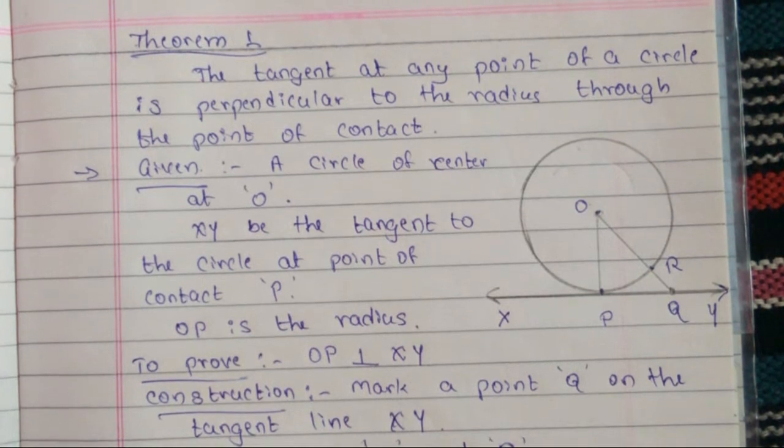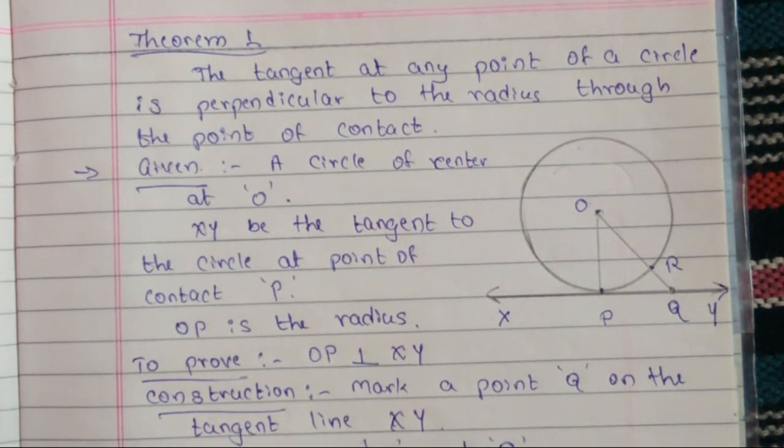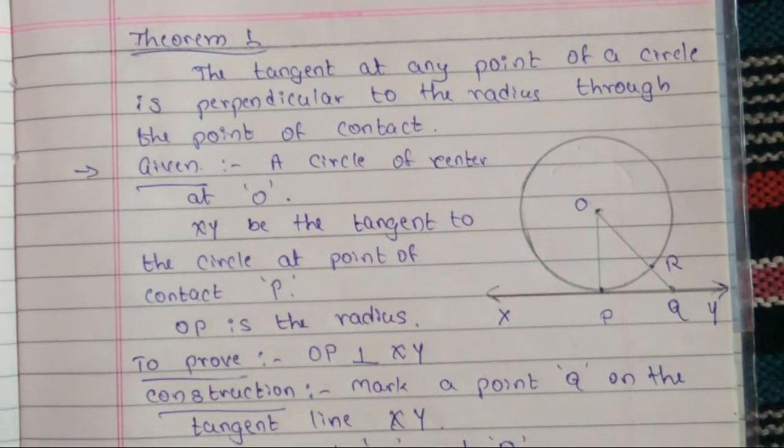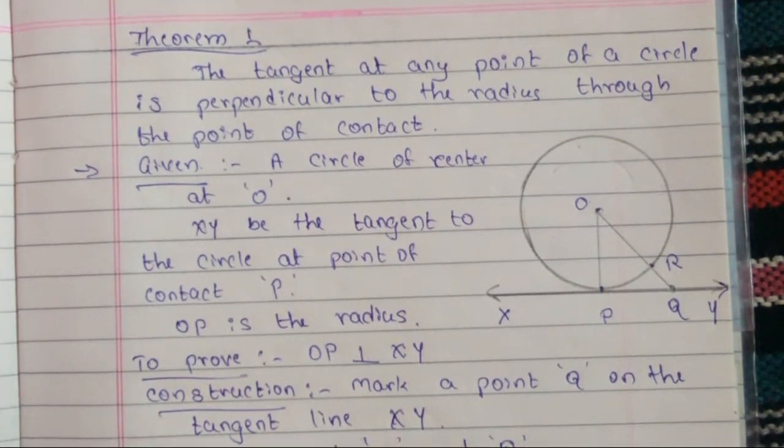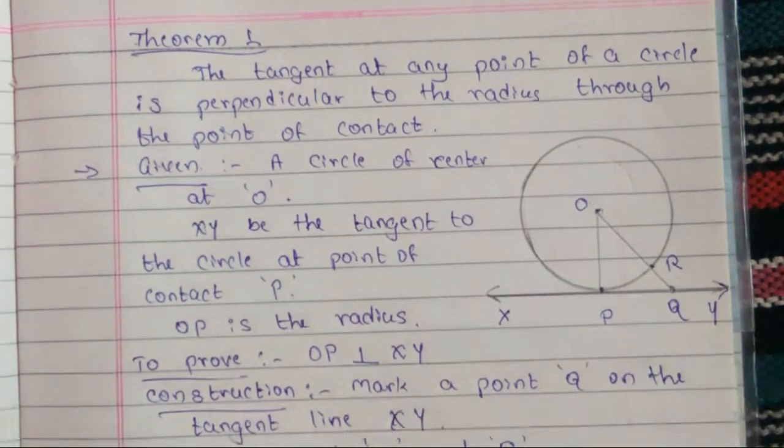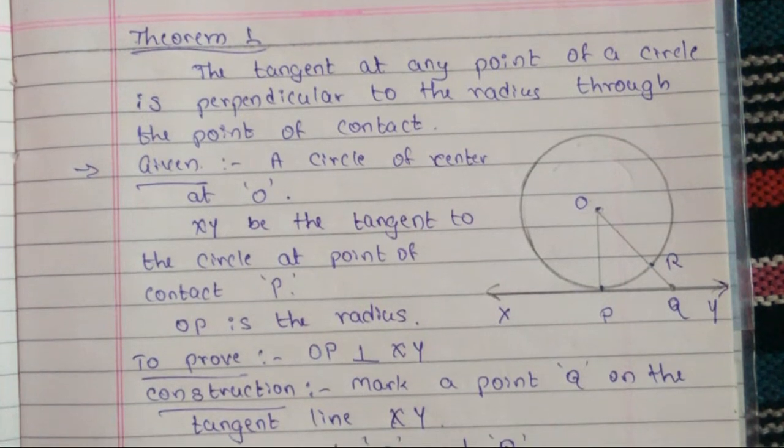After that, we have to write the given. So circle is drawn with the center O and XY be the tangent to the circle at the point of contact P, and OP is the radius. Because the line joining the center and any one point of the circumference of the circle forms a radius. Therefore, OP is the radius.